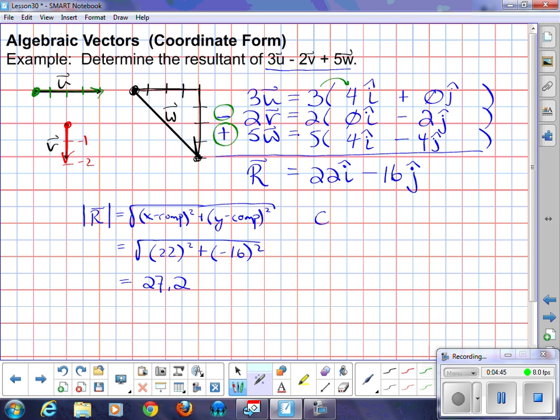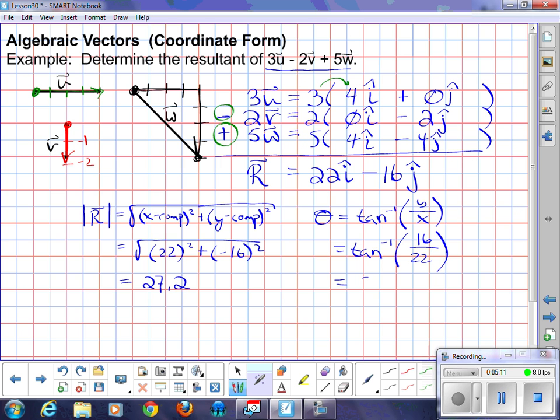Finding our angle, theta equals tan inverse of your y over x component. So tan inverse would equal, and I don't put negatives in, keep everything positive, and I'll explain why in a second here. 16 over 22. So don't worry about the negative 16. So 16 divided by 22, shift tan.